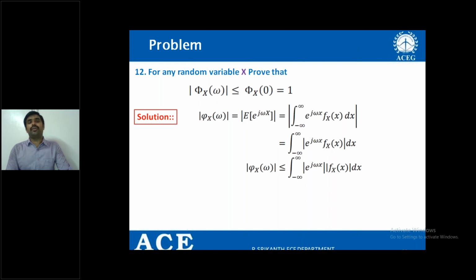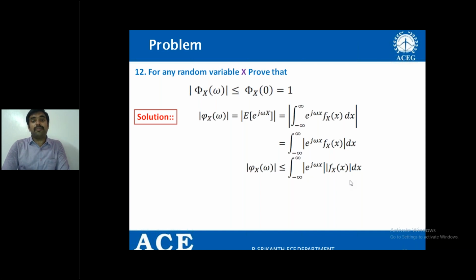Since I'm splitting this product into the individual terms, the mod is separated here. Therefore, the magnitude of the original function will always be less than or equal to mod e power j omega x into mod fx of x. We know this inequality in mathematics, right? So therefore I can write the relation as mod pi x of omega less than or equal to integral minus infinity to plus infinity mod e power j omega x into mod fx of x dx.